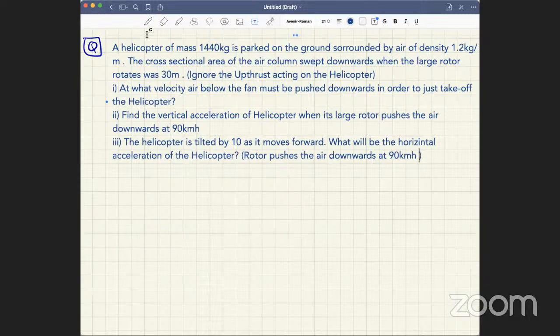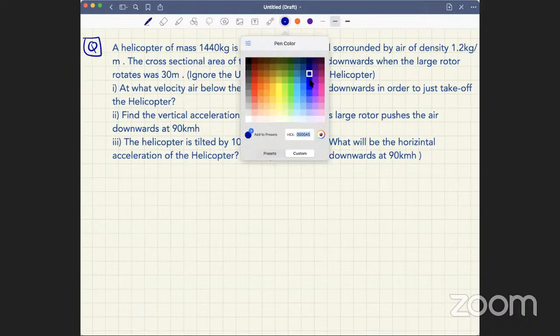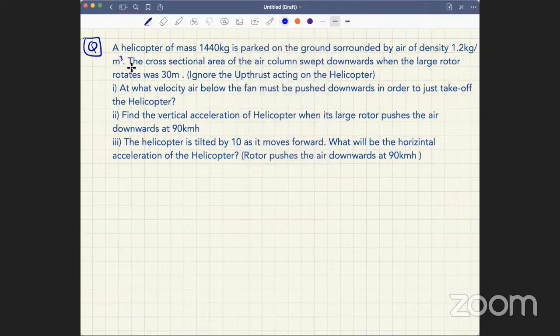Okay, so these are the questions for you. No, density of air cannot be neglected.